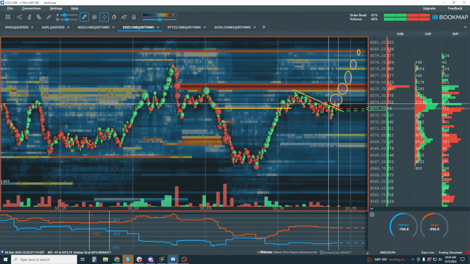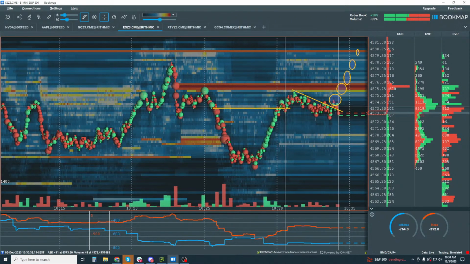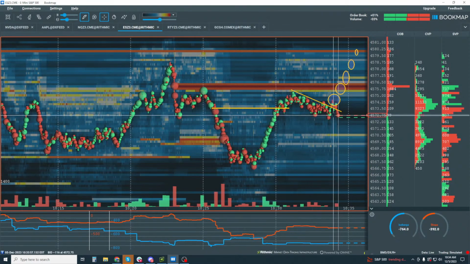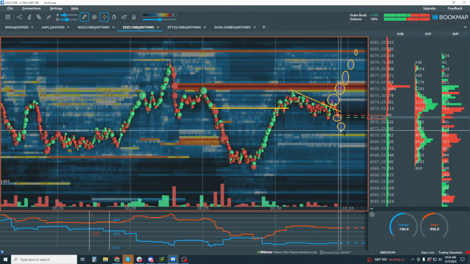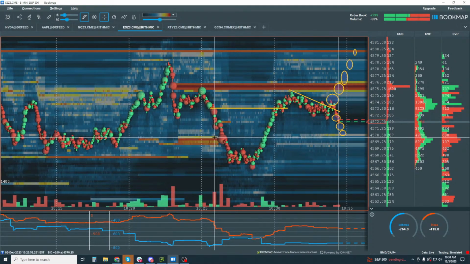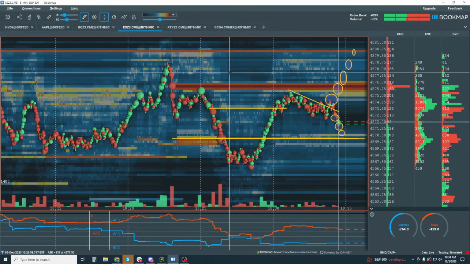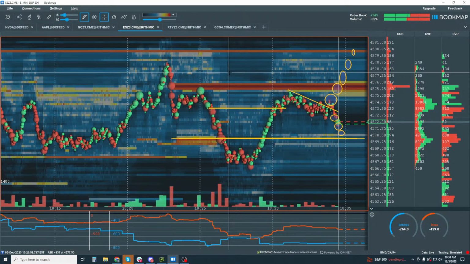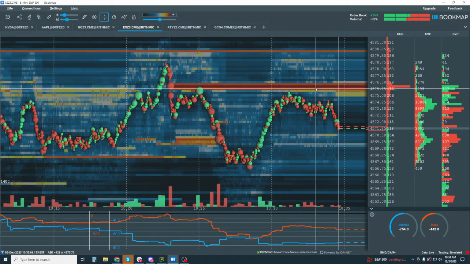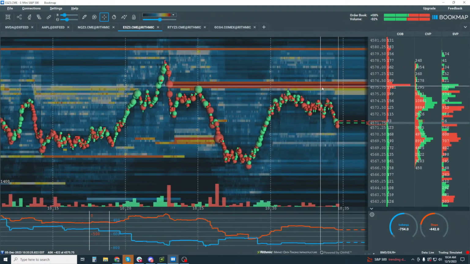Else, if we don't get that, we're looking for the sellers to just test back down to this 70.5 level, due to this area here. And that's kind of what's unfolding at the moment.